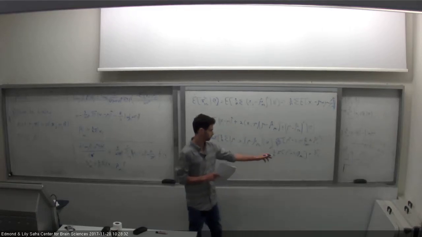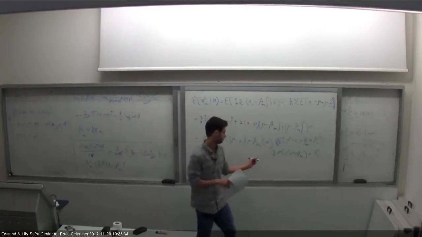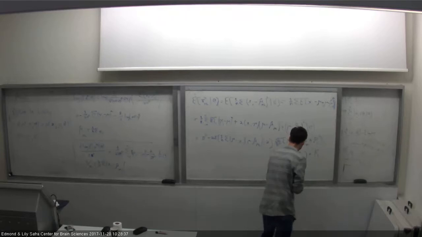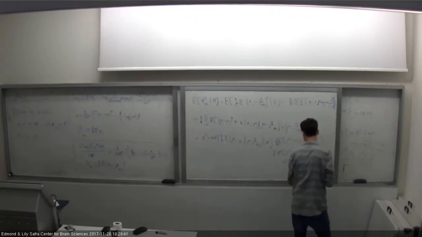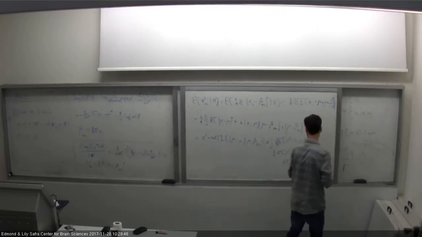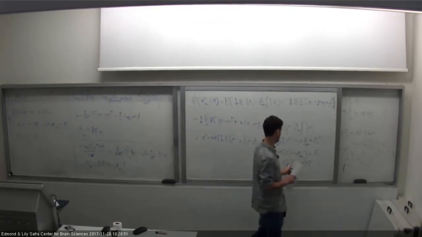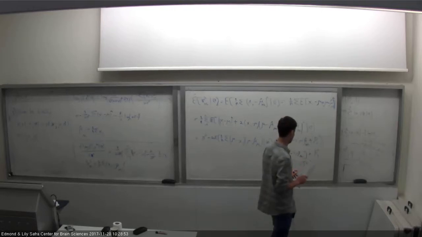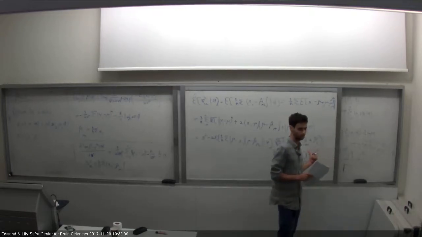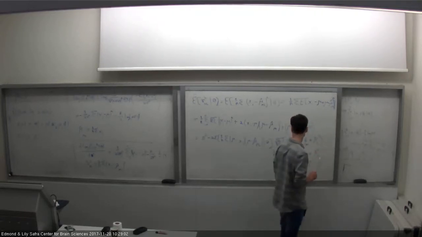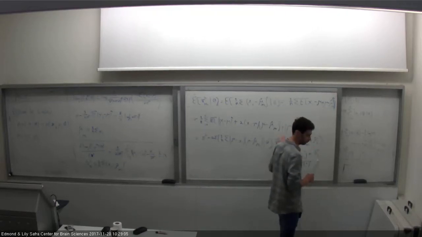The expected value minus mu. And this is exactly plus minus this term. So it's exactly the variance of x.